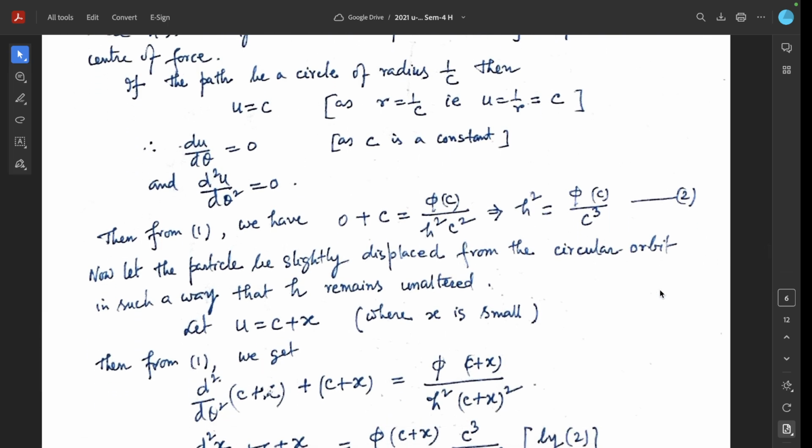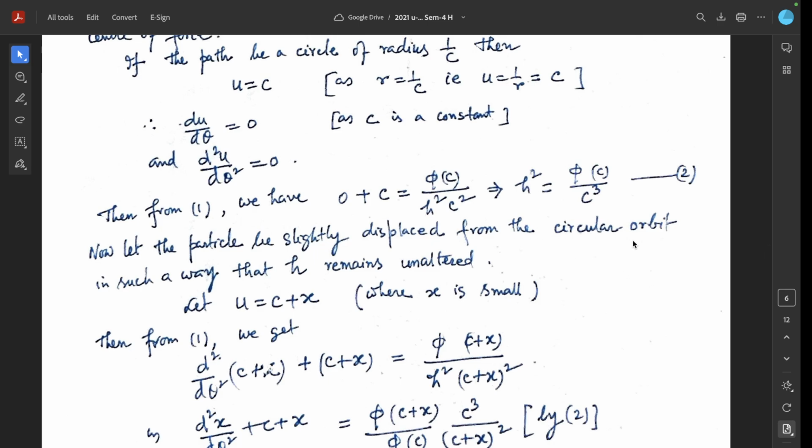Now let the particle be slightly displaced from the circular orbit in such a way that h remains unaltered. Let u equal c plus x, where x is a very small quantity.